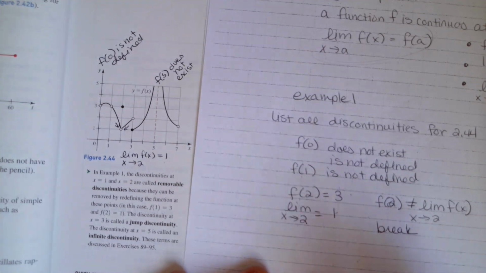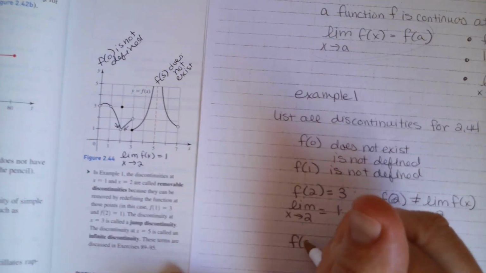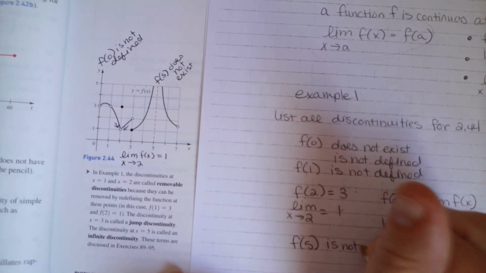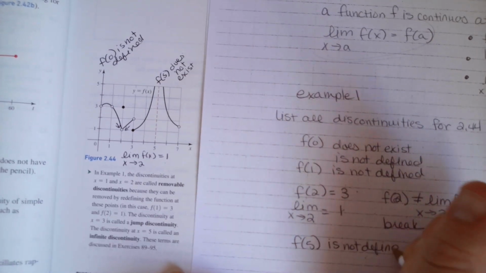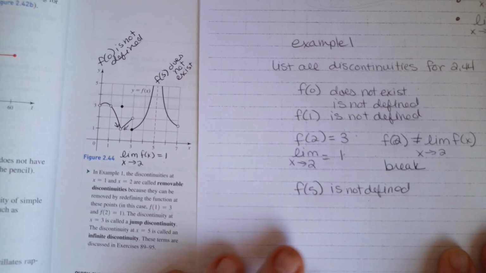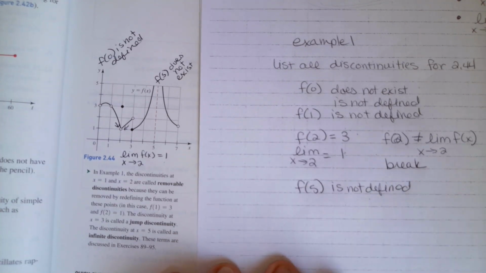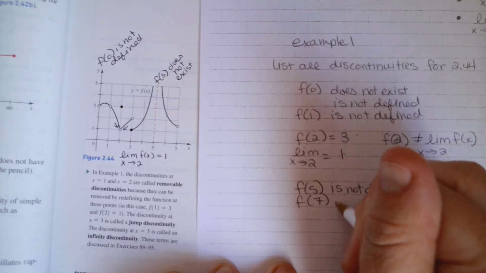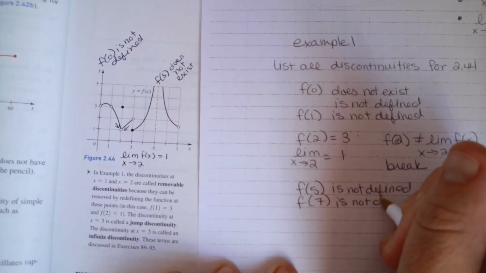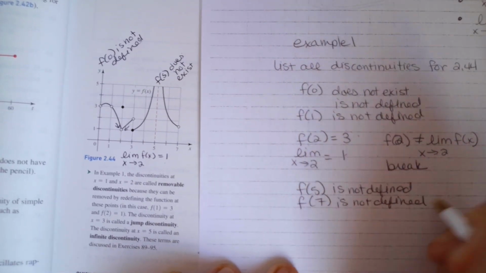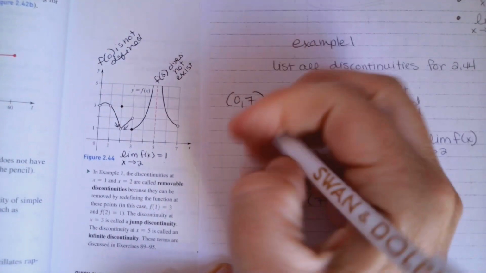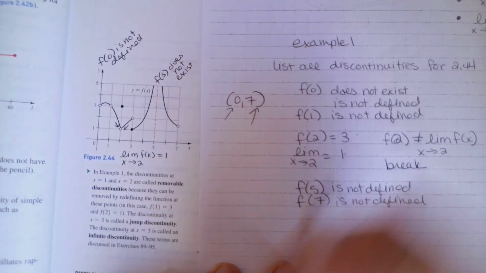What else? Okay, our f of 5 is not defined. And then my f of 7 is also not defined. Okay, technically they asked us to look at 0, 7, which does not include 0 or 7.